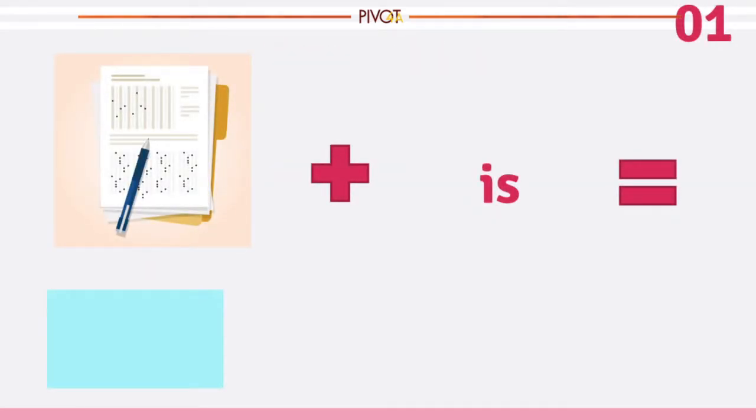Now, what do you think is the hidden word with this set of pictures and words? I will give you 10 seconds to analyze, and please type in your answer in the comment section.